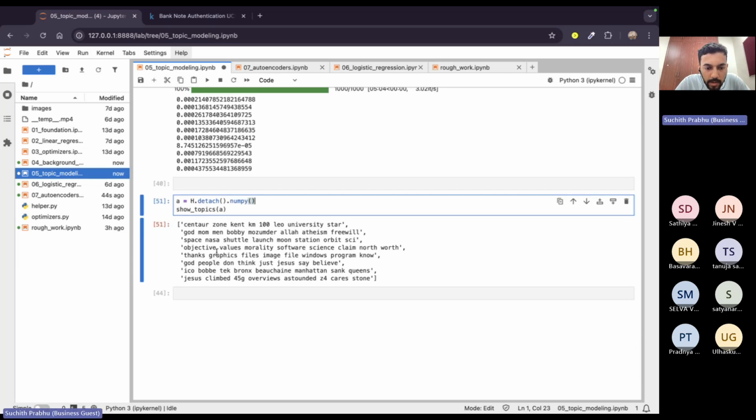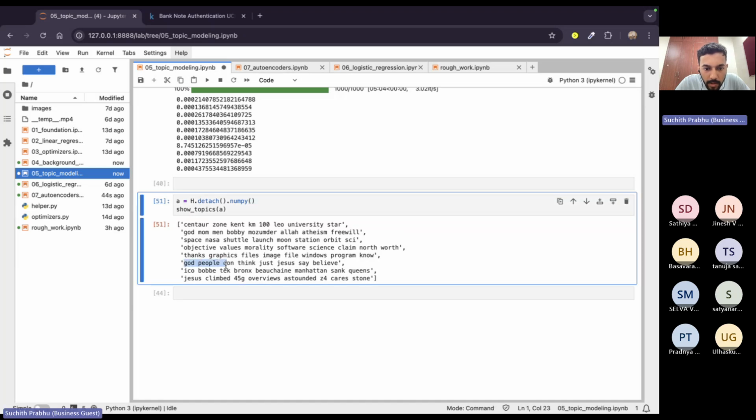Here also we can see this is related to religion. It's talking about Jesus, I believe. Other than this, these terms are about graphics.